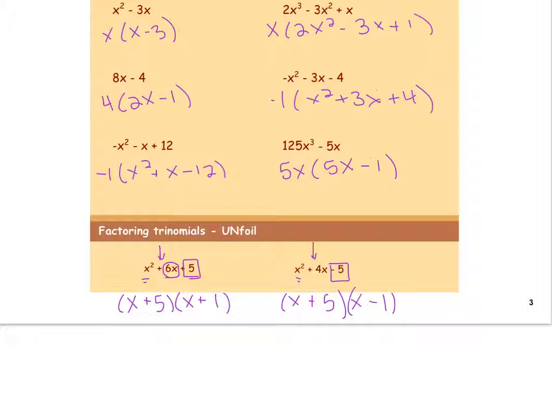Remember, you can always check your factoring, make sure that it's correct by doing that distributive property. x squared minus x plus 5x minus 5, x squared plus 4x minus 5. So you can check these as you go by doing that distributive property.